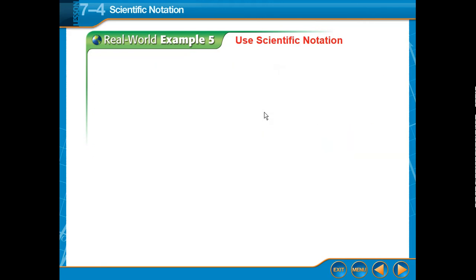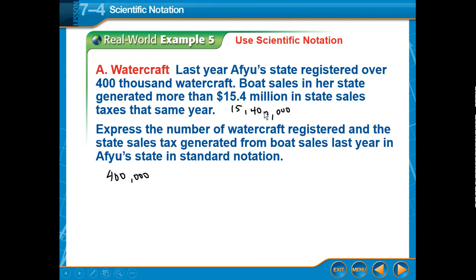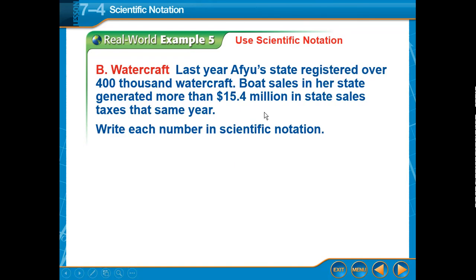Standard notation or scientific form? Okay, standard. So we just did that. We wrote both of them. Okay, the next part wants each of them in scientific notation. So remember before we had 400,000. So if we were to write that in scientific notation, the first number coming left from right that is not a 0 is that 4. So we want the decimal place to be right after that.